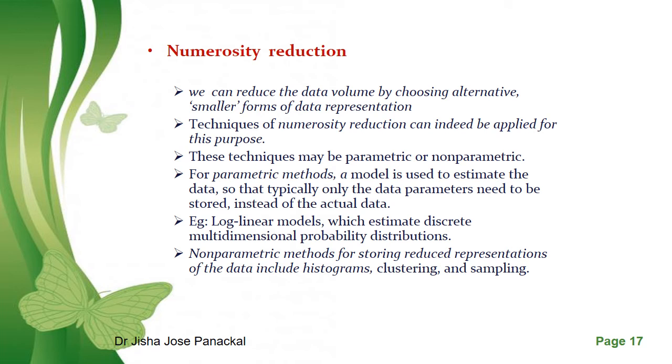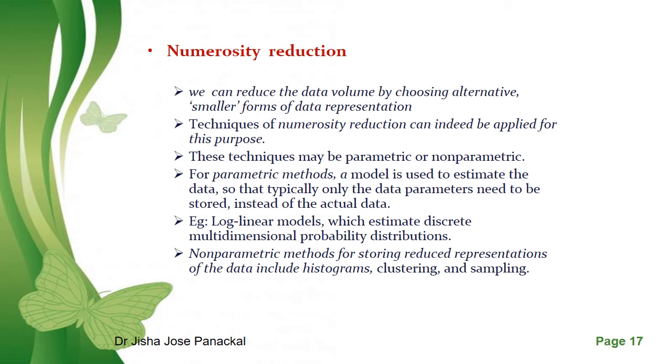Or we can do the numerosity reduction. We can reduce the data volume by choosing alternative smaller forms of data representation. Techniques of numerosity reduction can indeed be applied for this purpose. These techniques may be parametric or non-parametric.